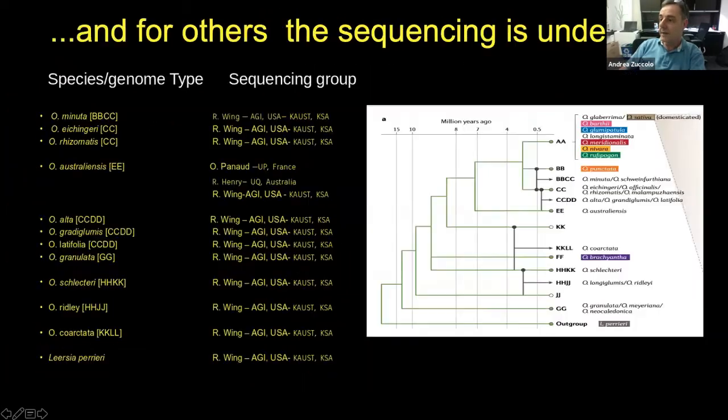Along with this, there are other genomes that we are currently sequencing and assembling, and basically by the end of this year, we should have an assembly for each of the Oryza species, with the exception possibly of Oryza neocaledonica that will follow. We have also the genome sequence for the outgroup Leersia perrieri.